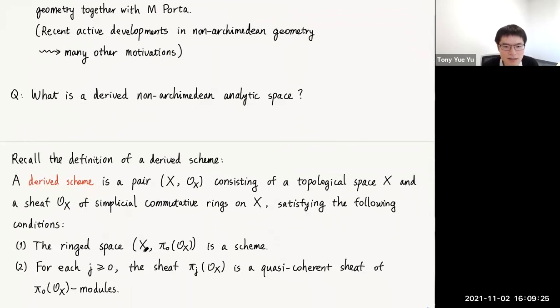First, we ask that when we take pi_0 of this sheaf of simplicial commutative rings, we get simply a scheme. And second, we ask that when we take pi_j of this structure sheaf, we get a quasi-coherent sheaf of modules over pi_0. In some sense, we just ask that when we truncate, we get the same as a scheme, and then all the higher order terms have some finiteness conditions. So that's all.